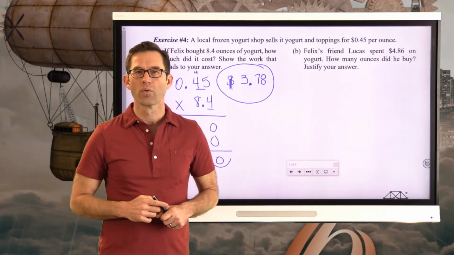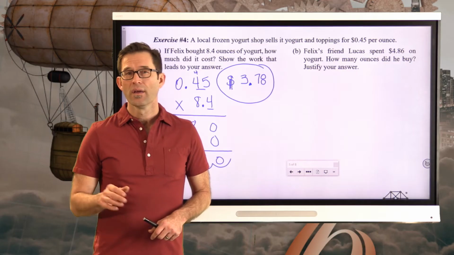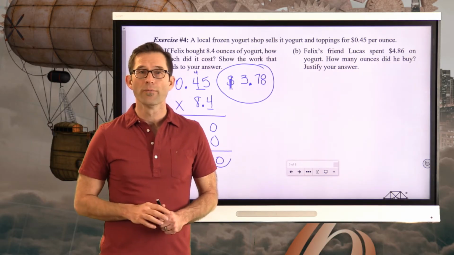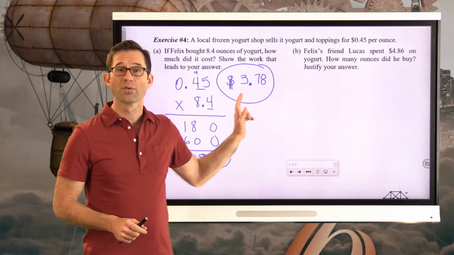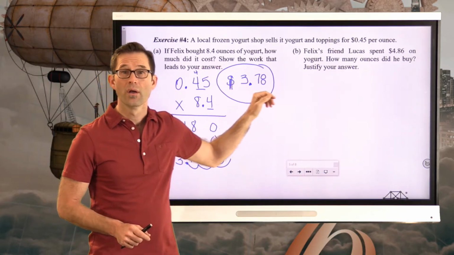Now for the slightly harder one, letter B. Felix's friend Lucas spent $4.86 on yogurt. How many ounces did he buy? Justify your answer. Now, a little bit of reasonableness before you do this problem, and then we go over it. Felix spent $3.78 on 8.4 ounces of yogurt.